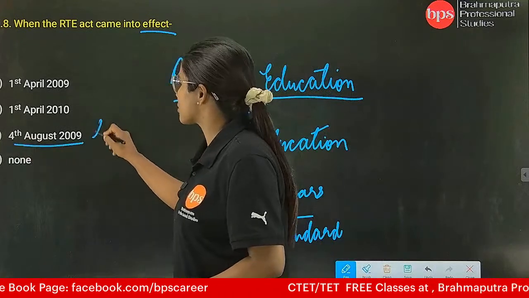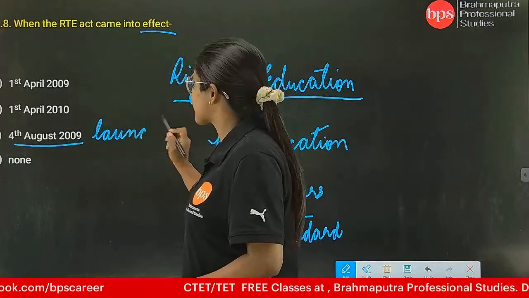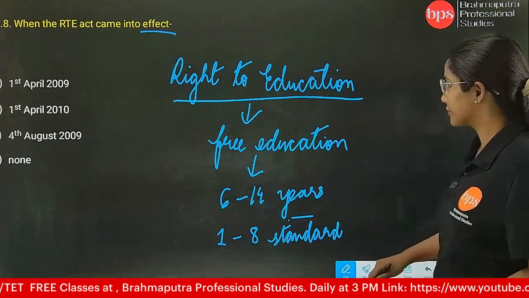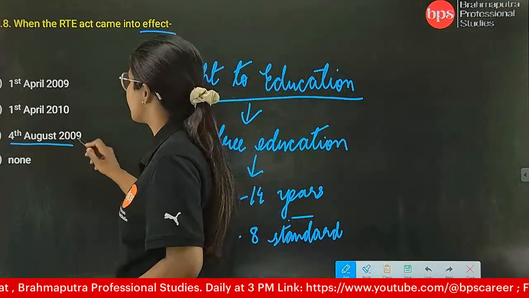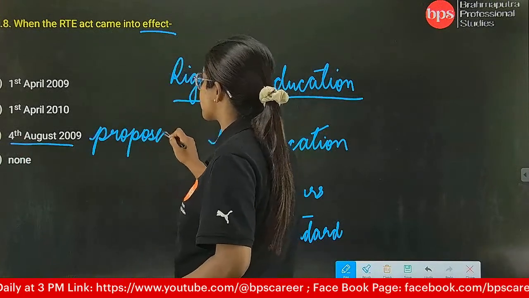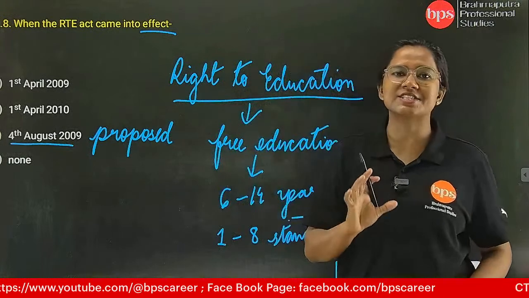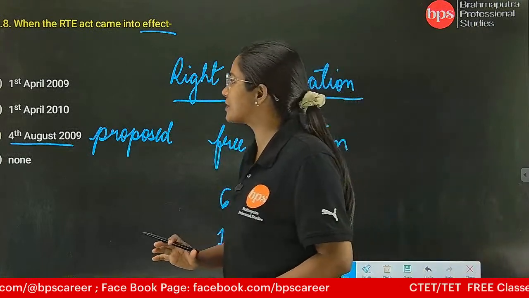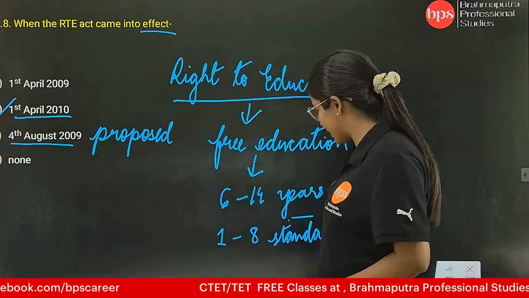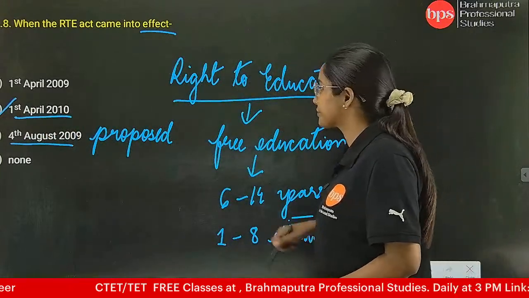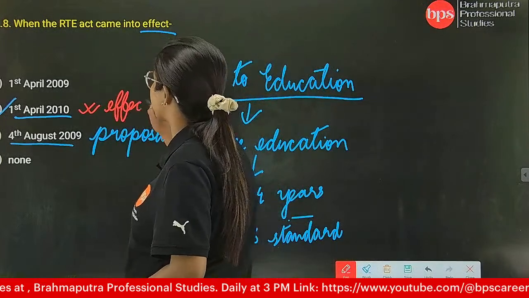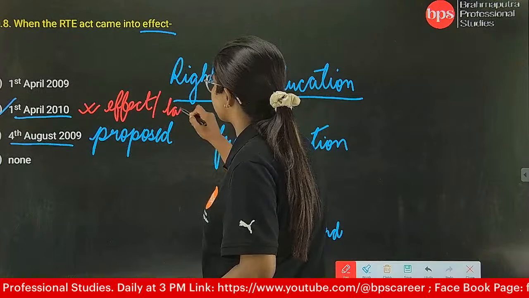So it was not launched, it was proposed. Okay, 14 August 2009 it was proposed, and finally it came into effect from 1st April 2010. So the correct answer is 1st April 2010, when it came into effect, or we can also say launched.